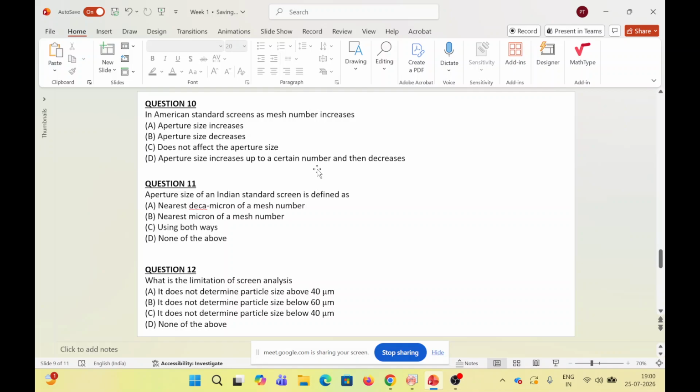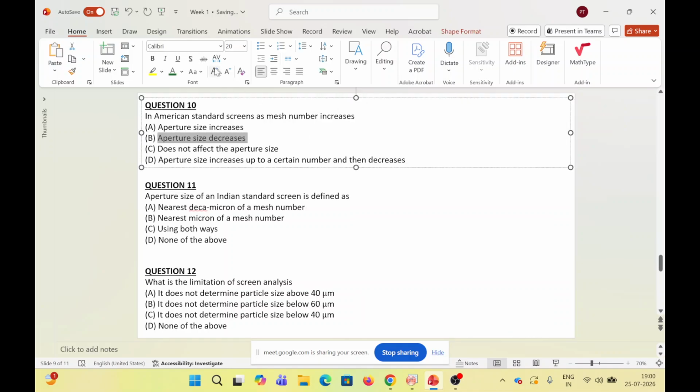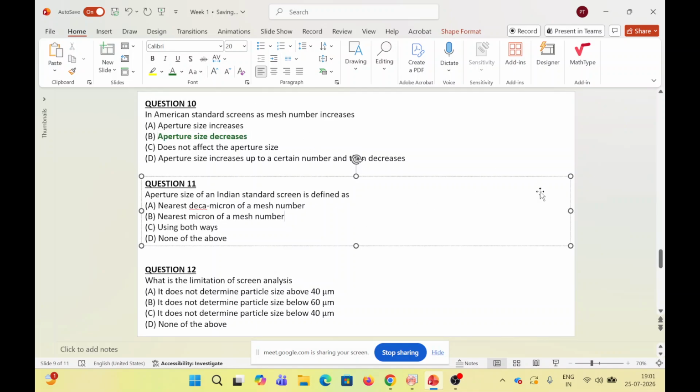So if you are going to have more number of apertures, that means that each one is going to be small. So as mesh number increases, aperture size decreases. I hope there are no doubts in that. Yeah, sir. There is no doubt. Okay. So shall we move towards the next question then?